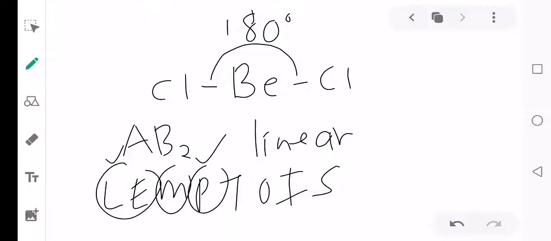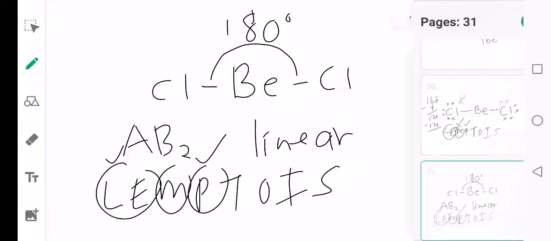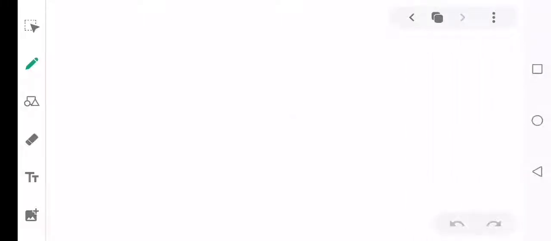Okay, we go to the polarity. So how about the polarity? BeCl2. Before you state whether this molecule is polar or non-polar, please make sure you use the molecular geometry, not the Lewis structure shape, but the molecular geometry shape.